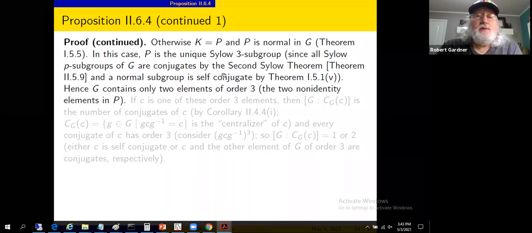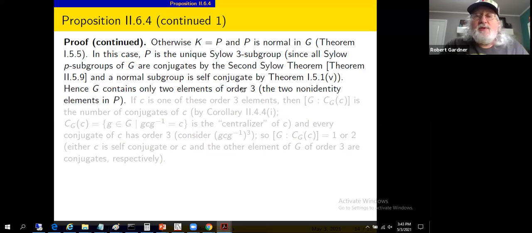And then G contains only two elements of order 3. We do have these two elements because group P consists of three things: the identity and two other elements of order 3. Group P is, of course, isomorphic to Z sub 3, so I can get it somewhat tangible.